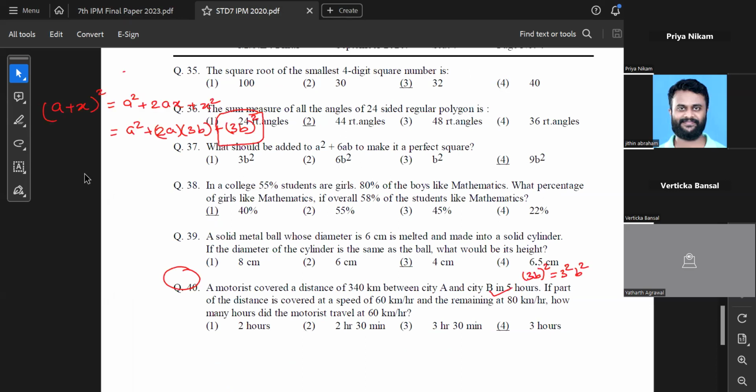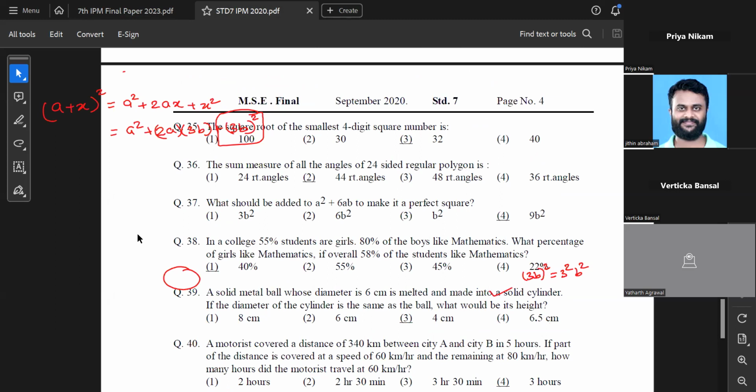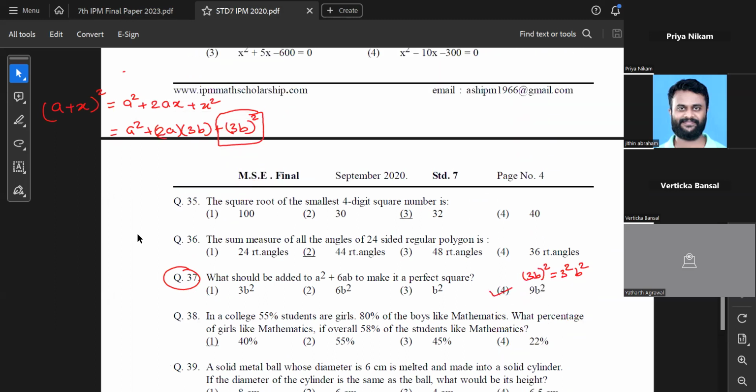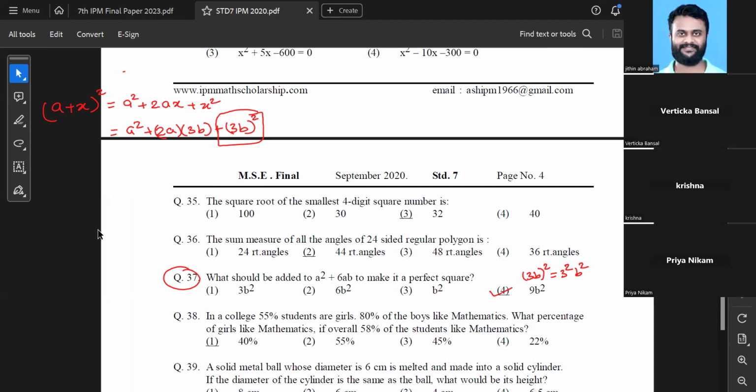Because we have to do 3B to the whole square, so 3 square is 9, so 9B square. Yes, that is our answer. 3B the whole square, 9B square is our answer. Absolutely correct. Thank you, sir. Welcome.